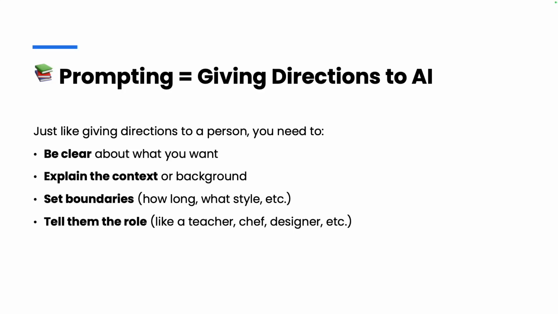At the same time, you can set the boundary, like you can incorporate constraints. We will see much more in the coming real life examples. And then you can tell it to adopt a persona, or tell it to create an output for a particular persona.